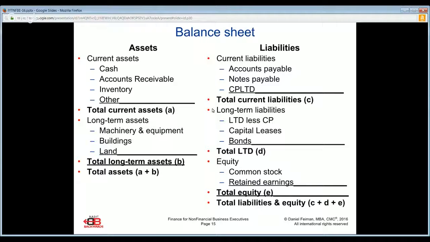So then we total those for our total current assets. Under our long-term assets, machinery and equipment could be converted into cash more quickly than buildings can, assuming we were going to do that, and land, which never disappears, is always listed last.